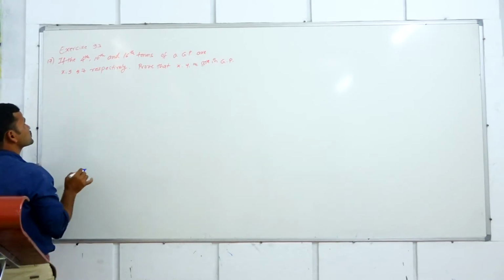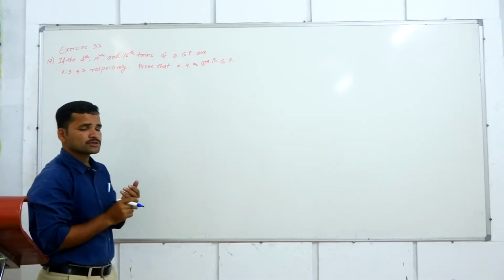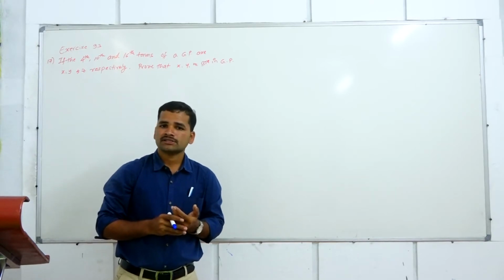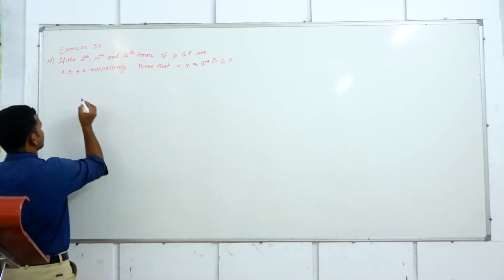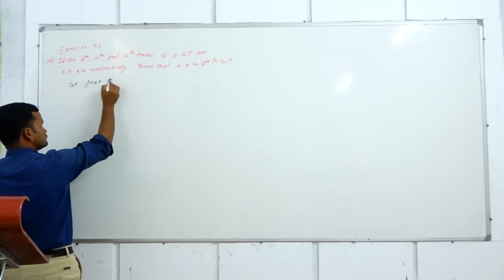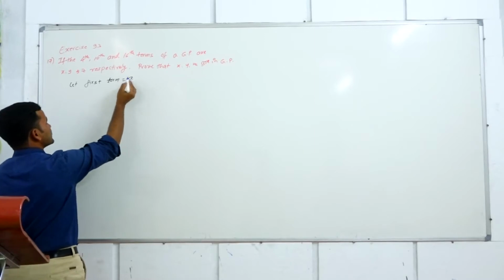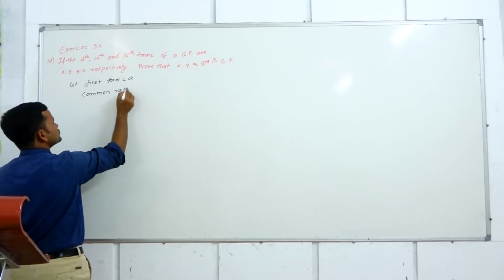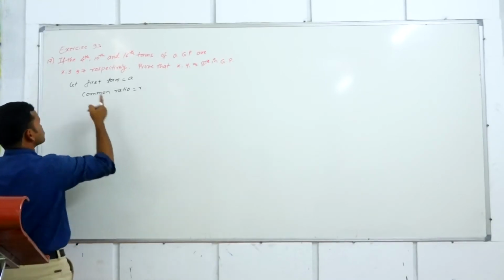Okay, one geometric progression is given. In that geometric progression, we don't know what is the first term and what is the common ratio. Let us choose the first term is equal to a and the common ratio is equal to r.